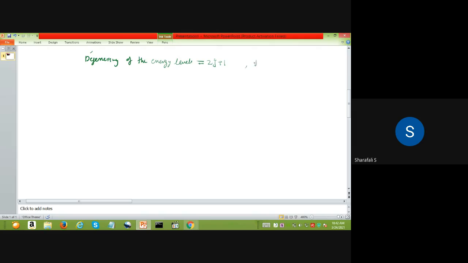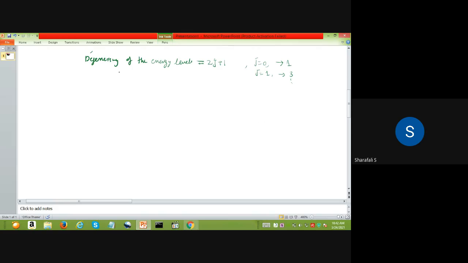For example, if we consider J equal to 0, then the degeneracy is equal to 1. And for J equal to 1, the degeneracy will be 3. So the degeneracy of a state in the rotational spectra is given by 2J plus 1.